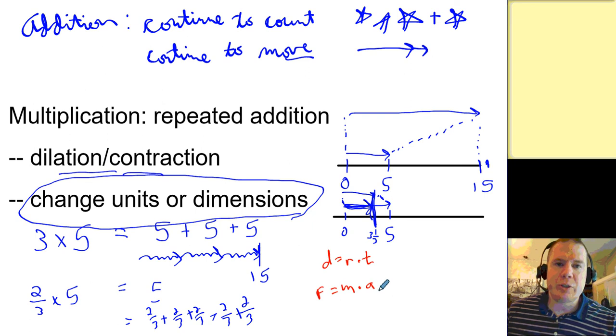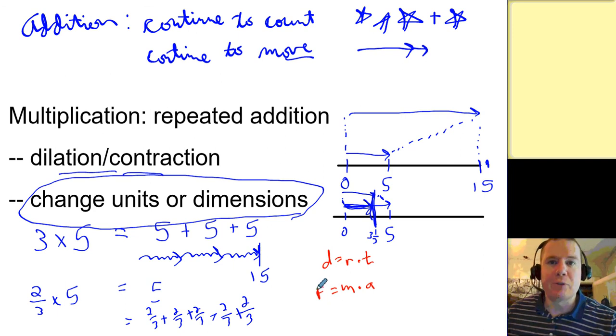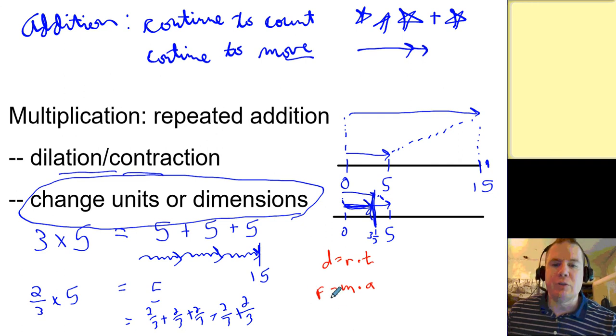Kilograms, meters per second squared, two completely different units measuring how heavy something is, measuring how fast something's accelerating. Put those two different units together, and you get this brand new thing called force, a different unit, whether we call it kilogram meters per second squared, or we call it newtons, or we use some other unit depending on what units we're using to measure these two quantities.